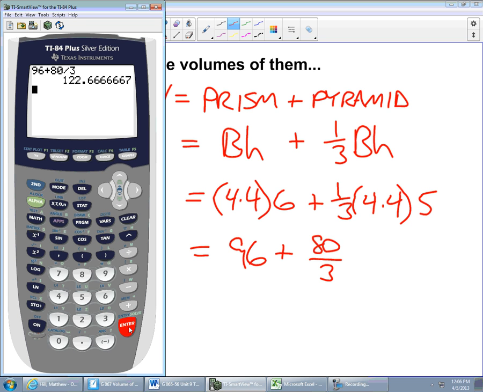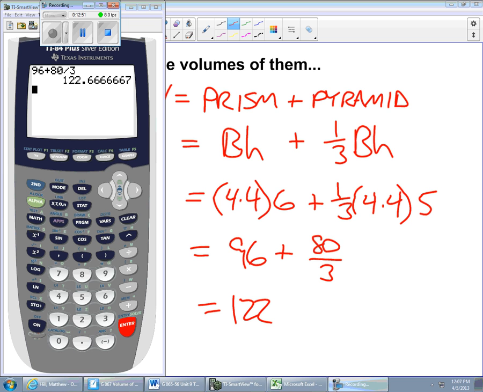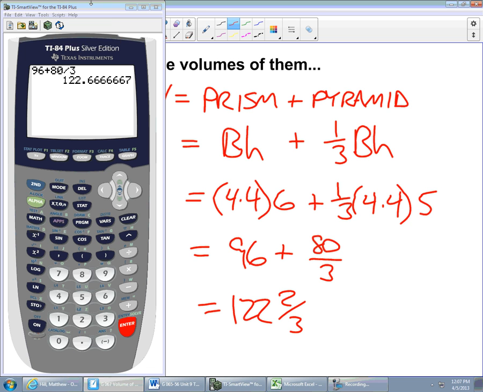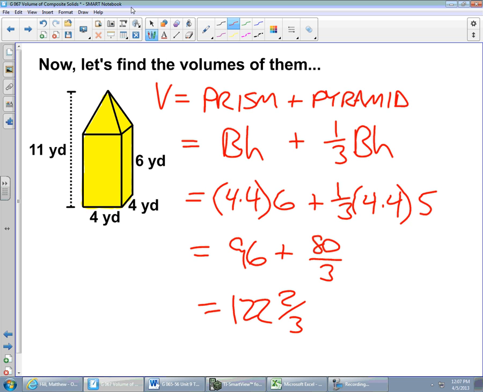Our calculator gives us 122.6 repeating. What is that 0.6 repeating? It's a fraction. What fraction is it? 0.6 repeating is 2/3. And there's your answer.